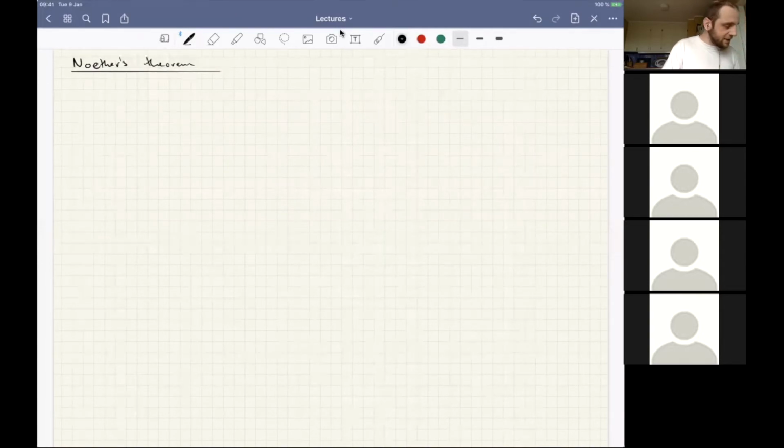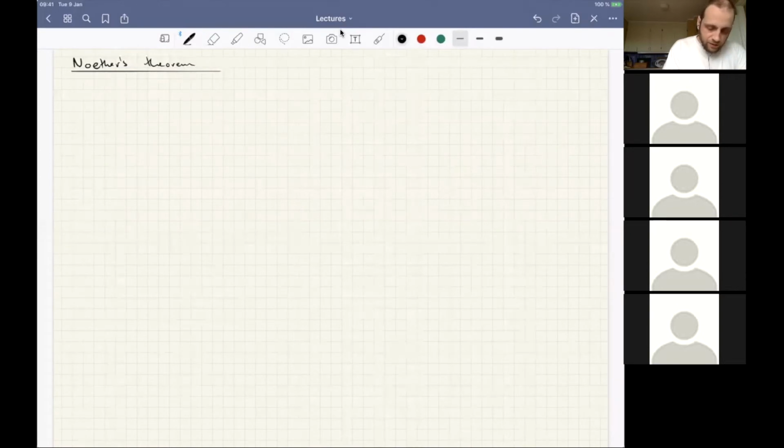So let's consider the following. Let's say that we have a physical system of precisely the type that we just described, and we're going to assume that we have a continuous symmetry. So let's first define what this means.